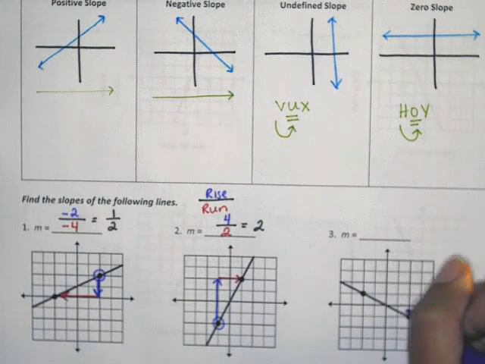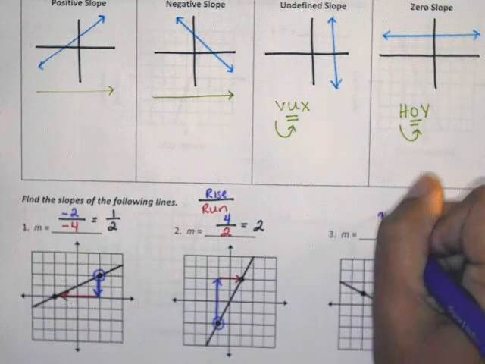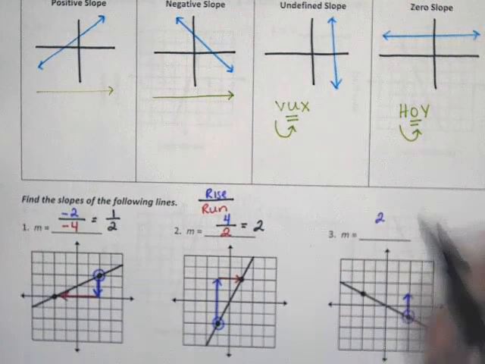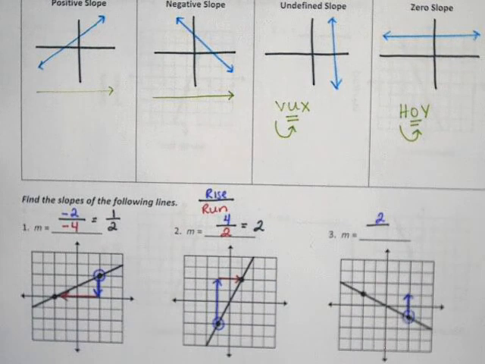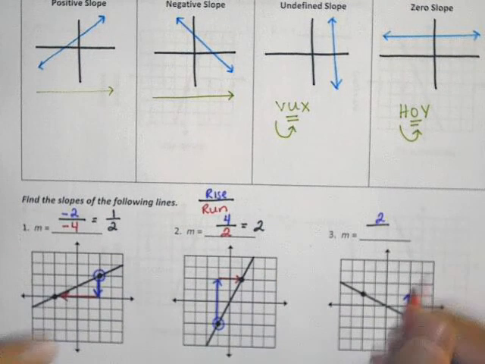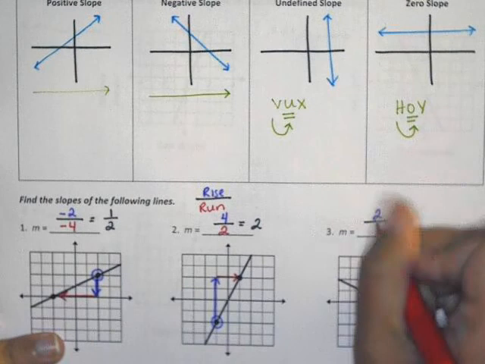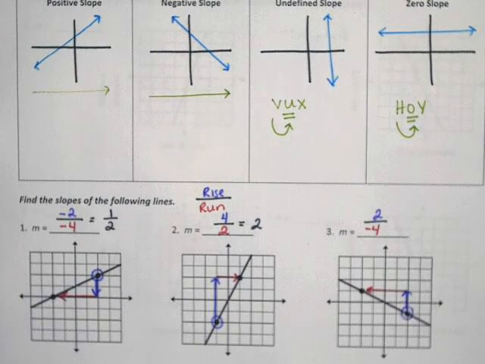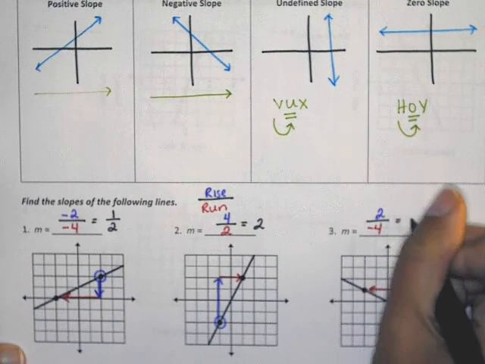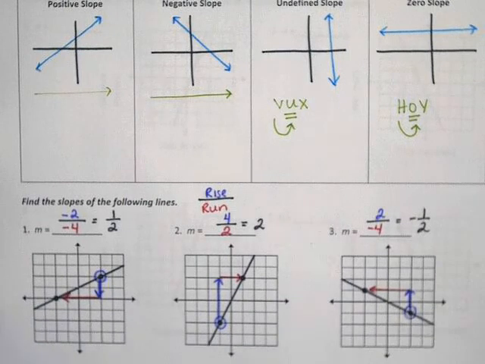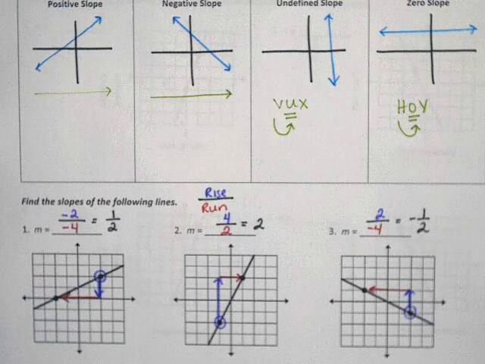I'm going to start here. I would go up 2 spaces, so my rise would be 2. And my run would be left 4 spaces, so it would be a -4, which reduces to -1/2. And you can just put the negative by either the top or the bottom, or sort of at the beginning of the fraction. It doesn't really matter where you put the negative.